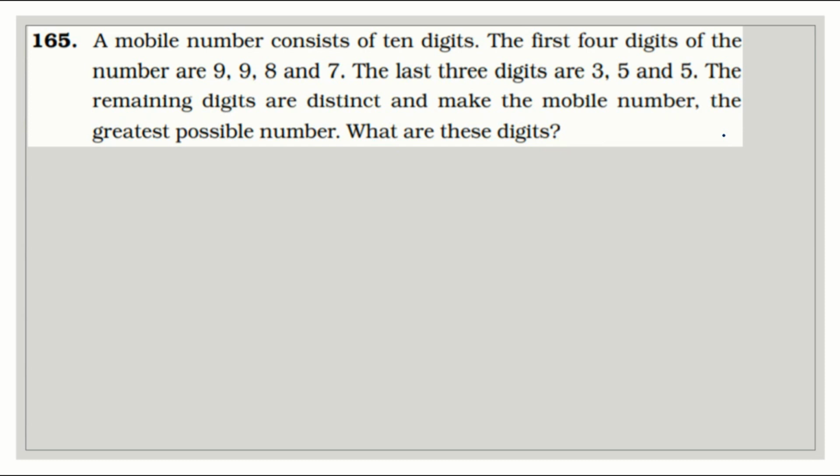Here, to answer this, we need to first know that in a 10 digit mobile number, we already have the first 4 digits and the last 3 digits. That means we are supposed to fill only 3 digits.